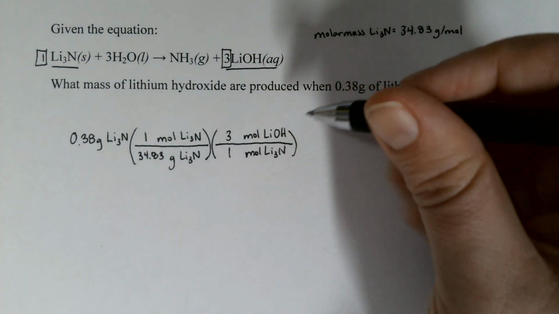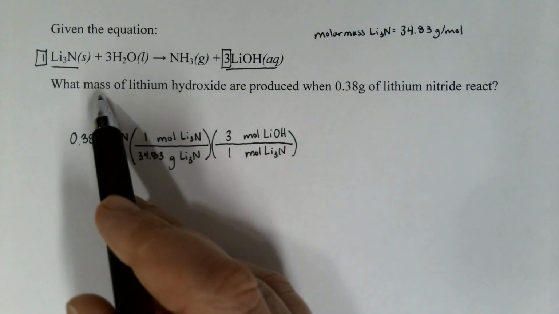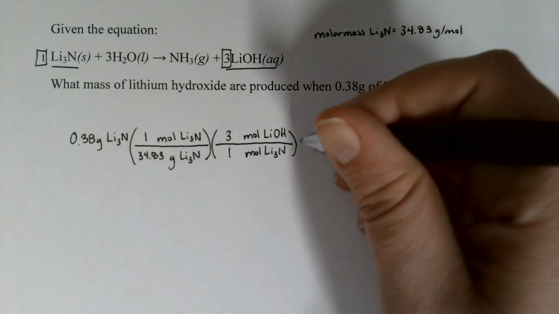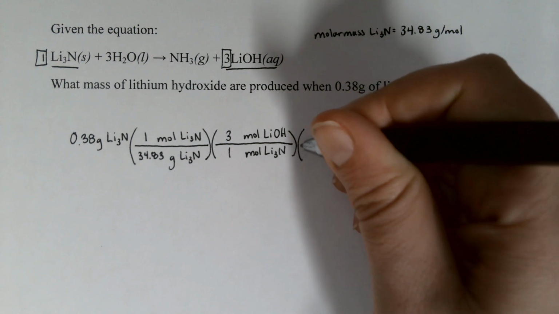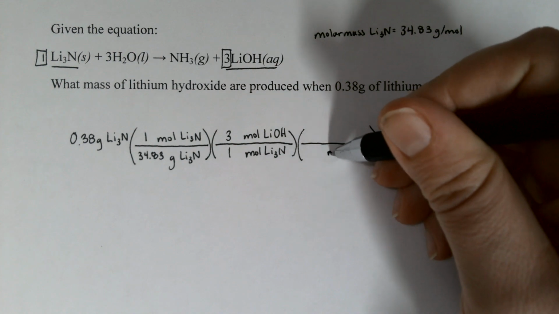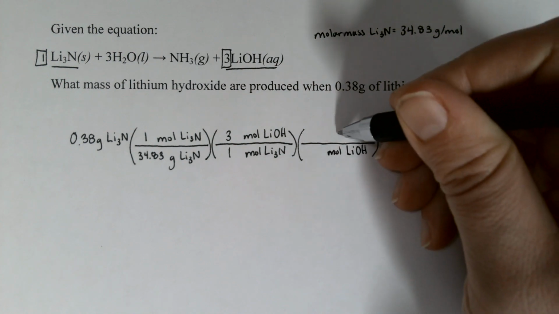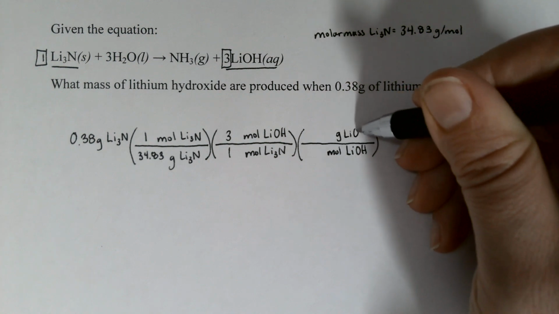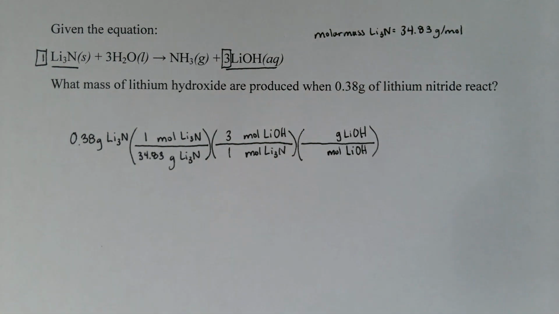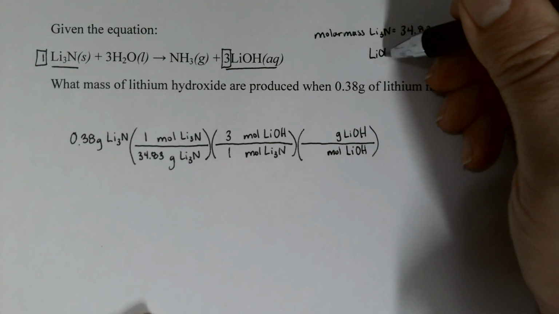And now, in the last conversion, I have to go from moles of lithium hydroxide to mass of lithium hydroxide. So I have to convert back to grams. So last parentheses, I'm going to cancel out moles of lithium hydroxide, and I'm going to convert to grams of lithium hydroxide. In order to do that, I once again need the molar mass, this time of lithium hydroxide.